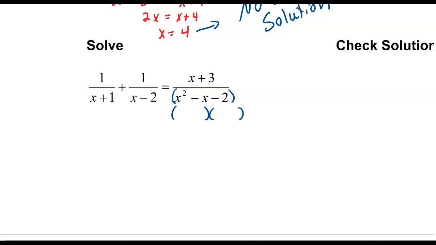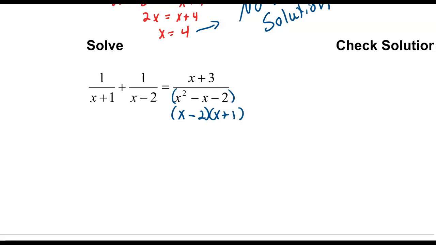All right, guys. What does x squared minus x minus 2 factor into? So x minus what? And x what? Because if I check it, negative 2x, positive 1x, do I get a negative x?